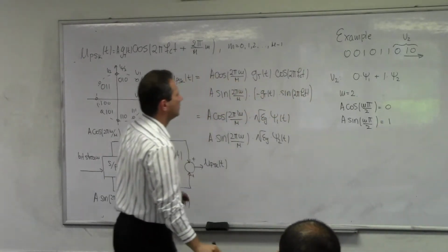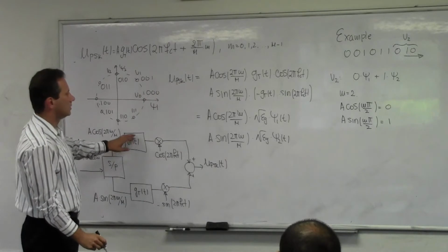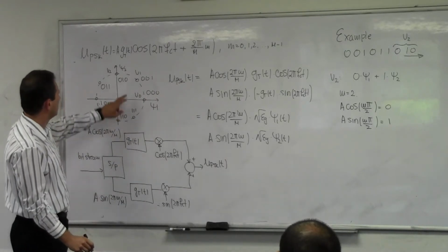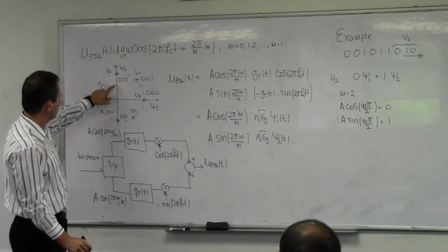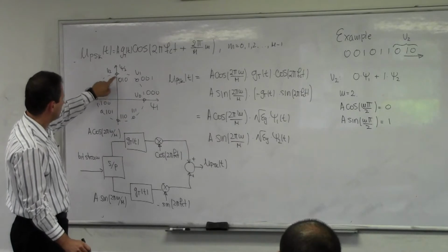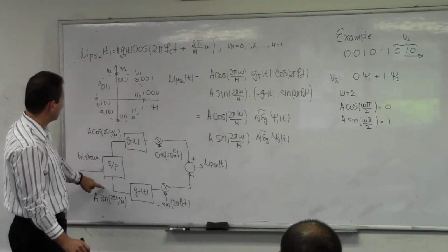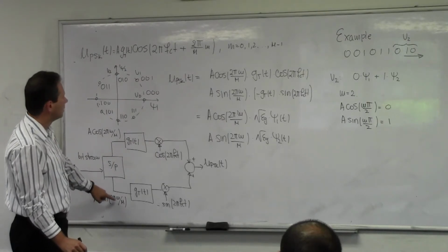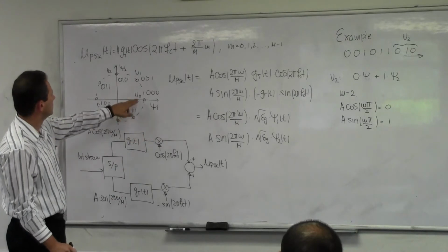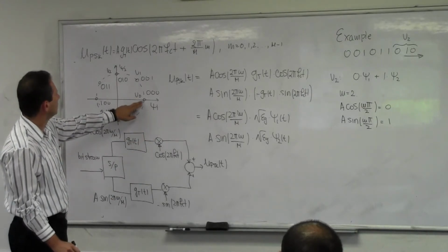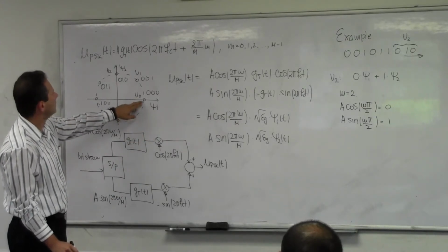That cannot be right. Let's see. If I select this symbol, this is 0 times cosine and 1 times sine. But then, oh yeah, because it's U0, this is m equal to 0.